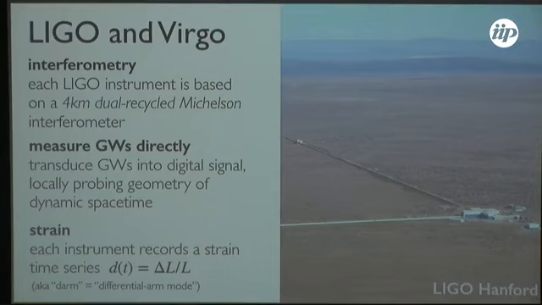In this case, the coordinate location of the masses is changing, and then you can describe that process as you would any other process that just changes the coordinates. And in that case, the light doesn't get blue shifted or red shifted, it's just a change in distance. And you get a phase shift that's exactly the same that you would have computed in the other picture in the TT gauge.